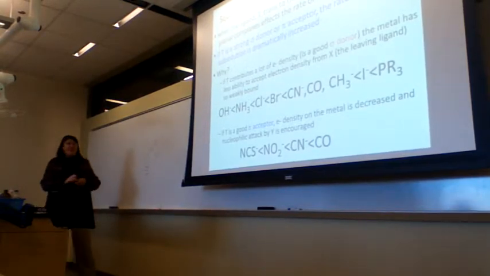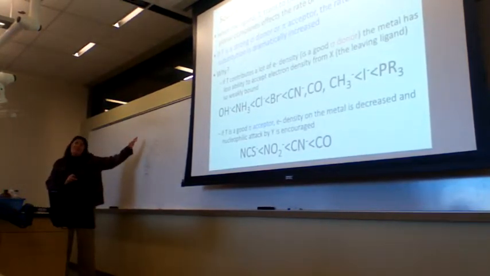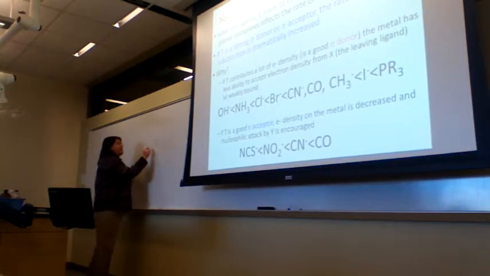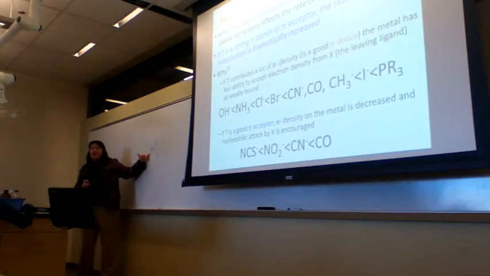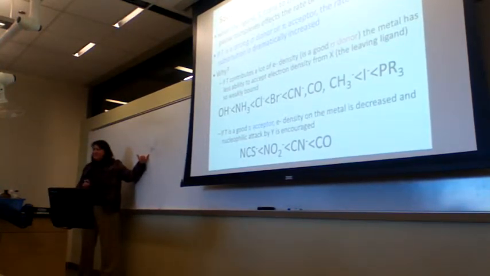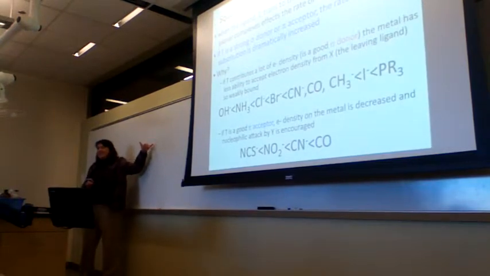Now why would that be? Imagine the d orbital that goes right here. If this one's donating in, and it's making a bonding interaction, then there's not much of an interaction left for that chlorine.